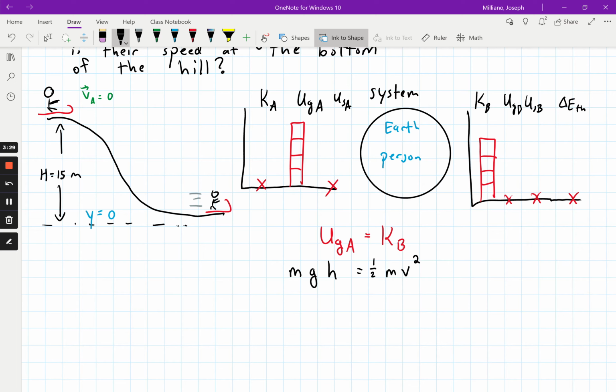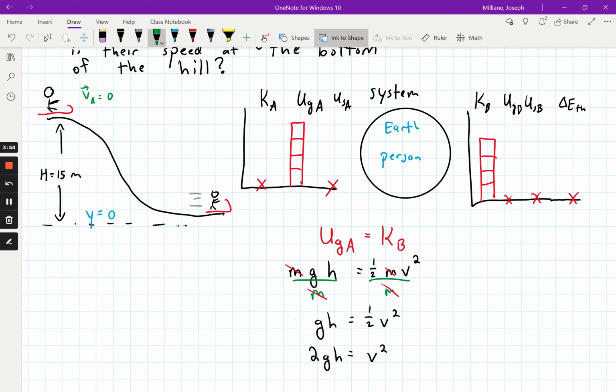All right, we notice that each term has mass in it, so we can divide every term by mass. Mass divided by mass equals 1. And we're left with g times h equals 1/2 v squared. We multiply each side by 2. We end up with 2gh equals v squared.